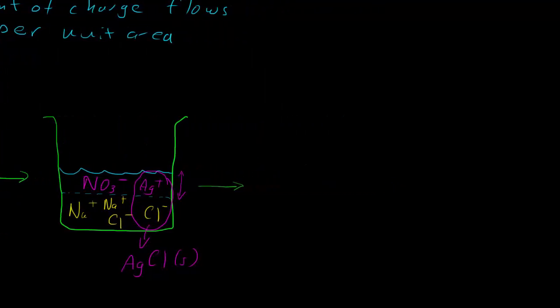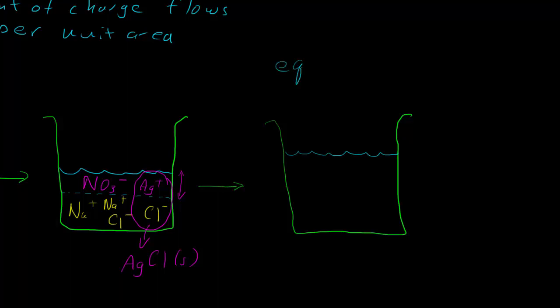Now if we continue adding silver nitrate, then eventually we get to this situation. So let's scroll over this way, draw another beaker. And so right at the equivalence point, EQPT for equivalence point, we have added just enough silver nitrate to react with all of our chloride. So the sodiums aren't doing anything, they're just hanging out here.